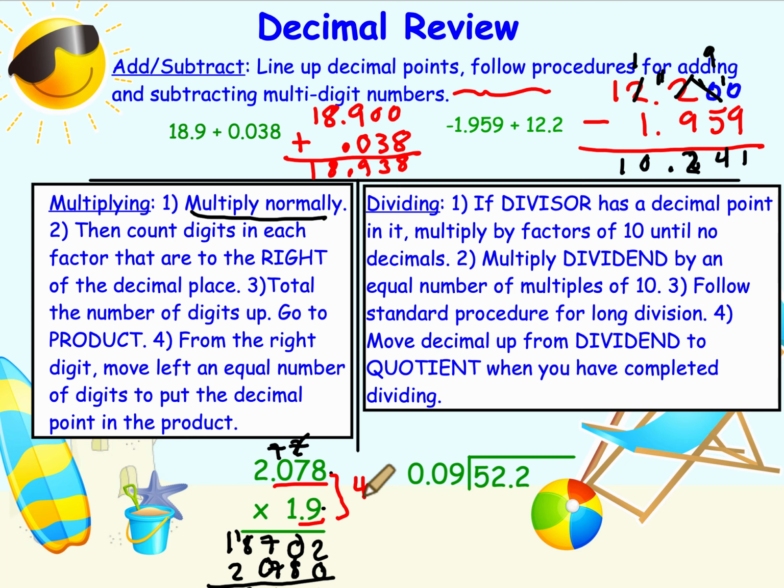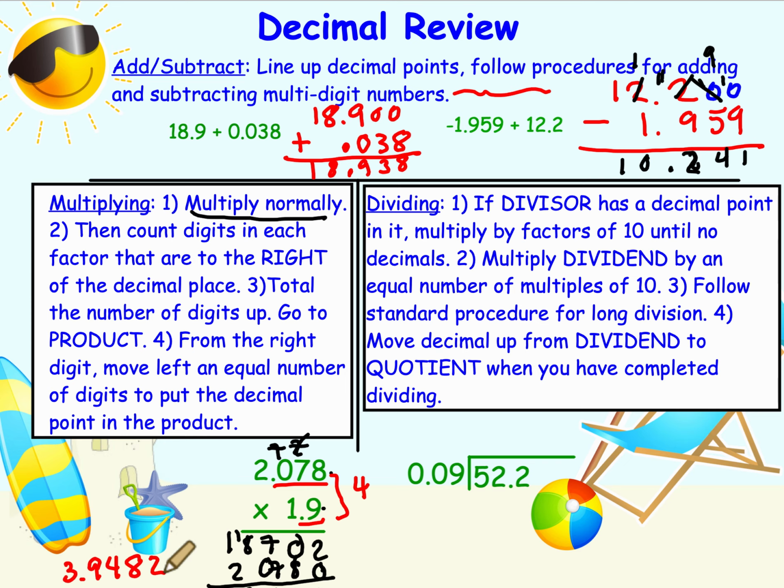So from the right, I am going to start 1, 2, 3, 4. And that's where my decimal point is going to go. So my product is this: 3 and 9,482 10,000ths.